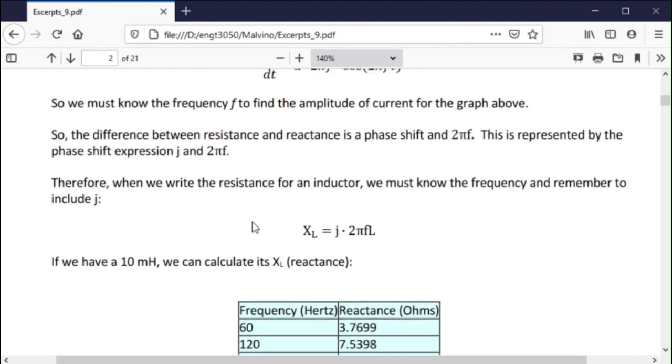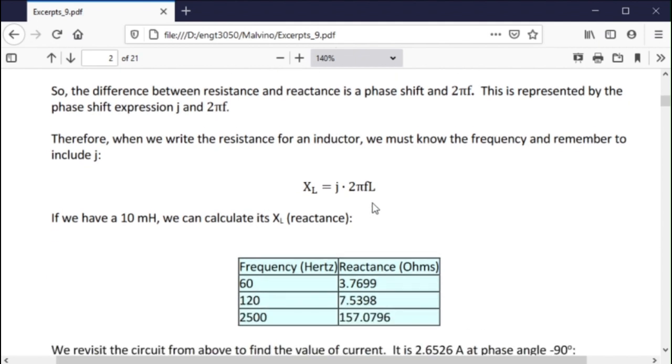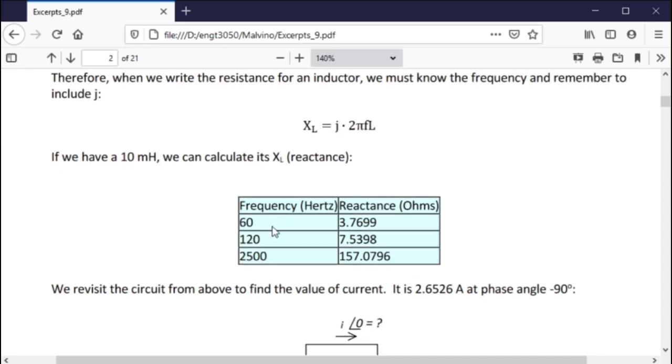And anytime you have an inductor, you have to add this J in front of it. So it's J 2 pi f L. Now the F stands for frequency. So at different frequencies, our reactance, this is called a reactance, it's like the resistance but it's called reactance, changes. So you have to calculate it for every frequency.